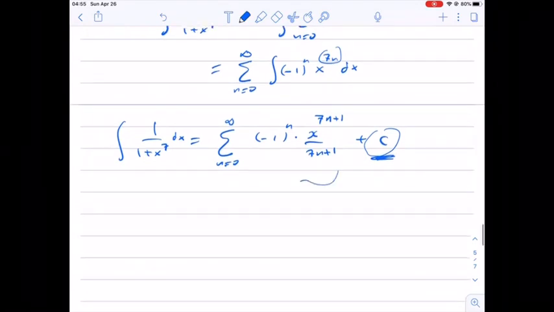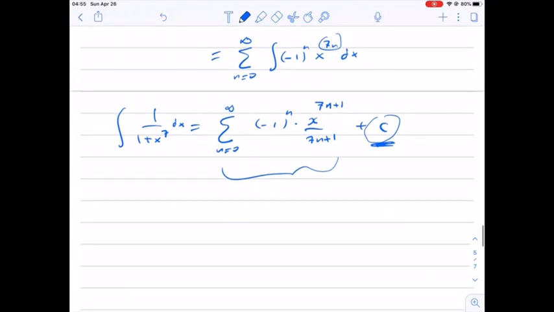Now, if we want to expand this, just to show you some terms, you get this c, plus substitute n equals 0, you get x, because 7 times 0 is 0 plus 1, 1. So we have x times negative 1 to the power 0, which is 1.